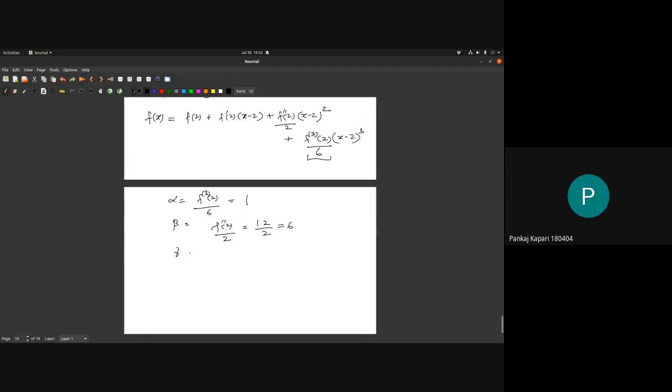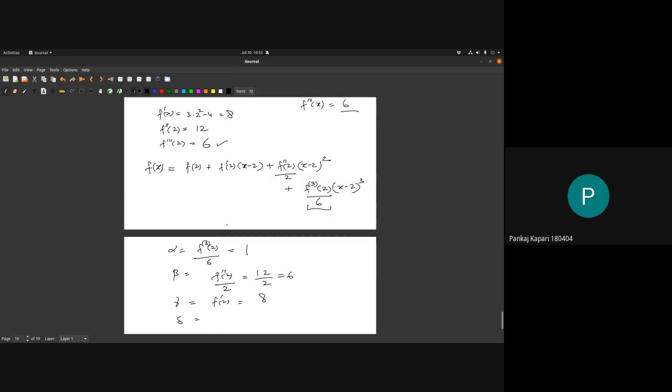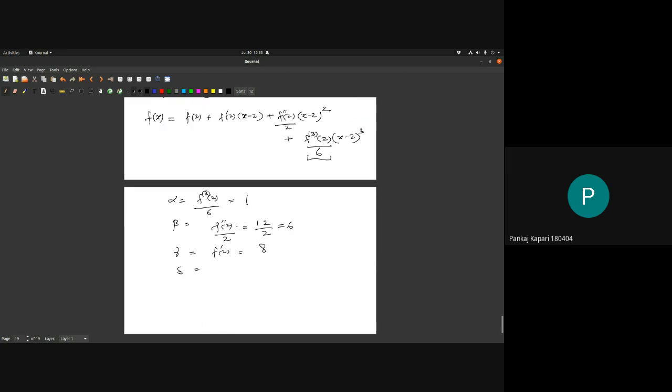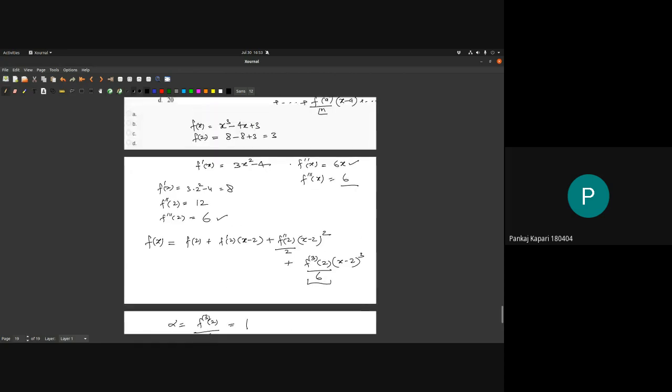What is gamma? f prime of 2, which was 8. And delta is the constant part, which is f of 2, and f of 2 was 3.